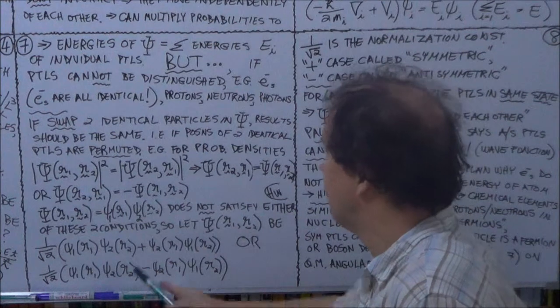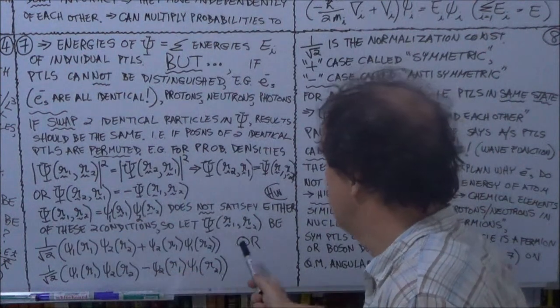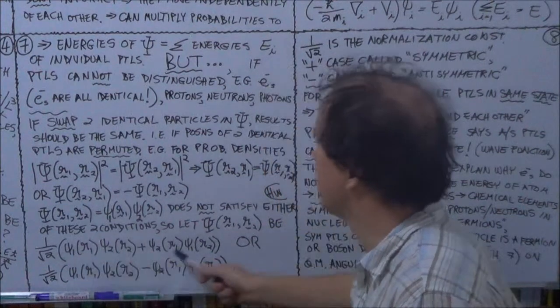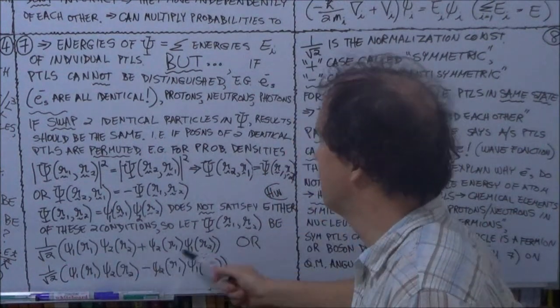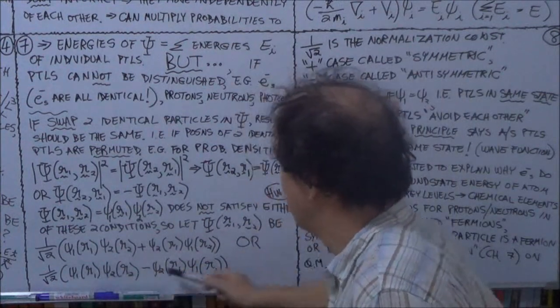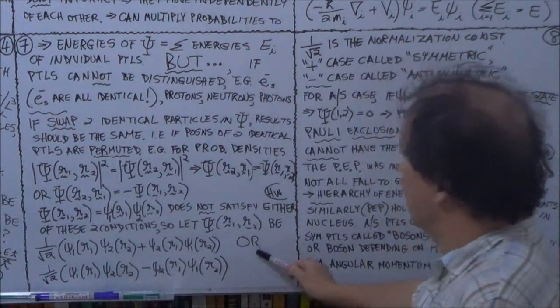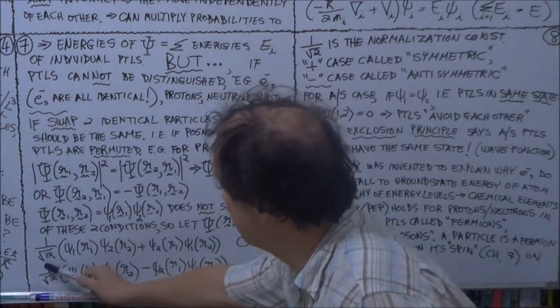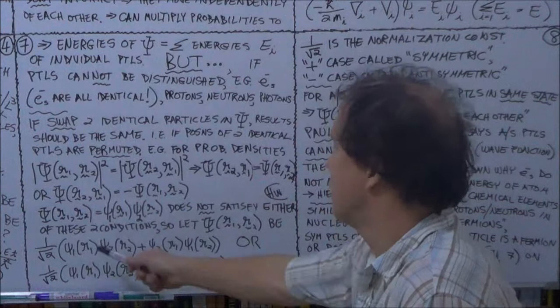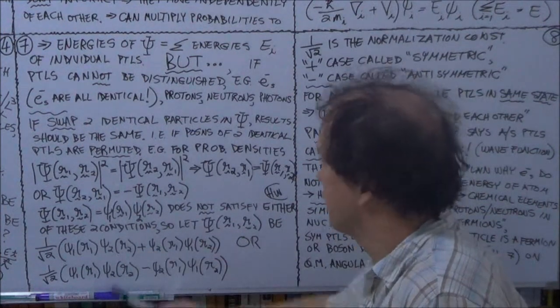Now here's a multi-particle wave function that does satisfy this equals that, and here's another one. There's two of them, so I've got an OR here. So this would be an acceptable multi-particle, well, let's say two-particle wave function.